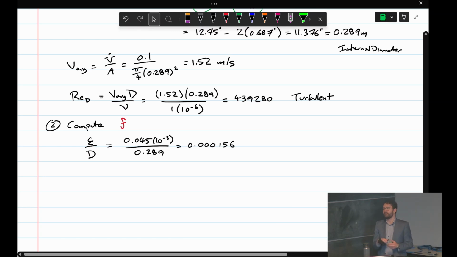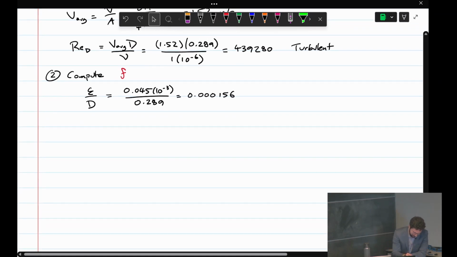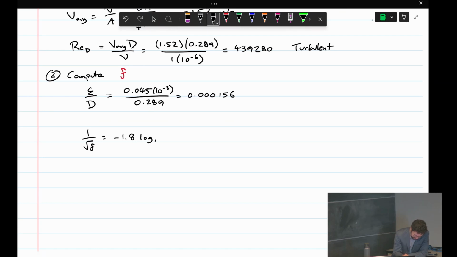So what calculation method did I recommend for hand calcs, which is what we're doing right now, for a turbulent case? Haaland equation, right? So let's use that. 1 over square root f equals negative 1.8 log 10 of 6.9 over Reynolds number, plus the relative roughness over 3.7, all to the power 1.11.